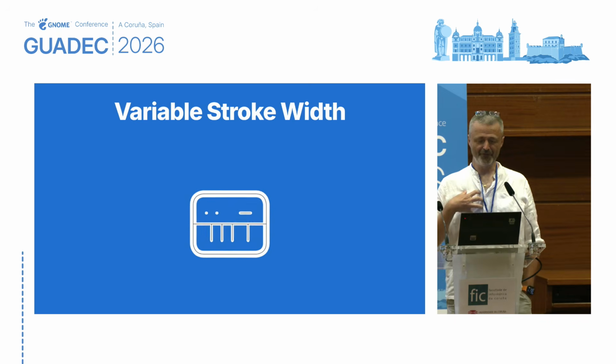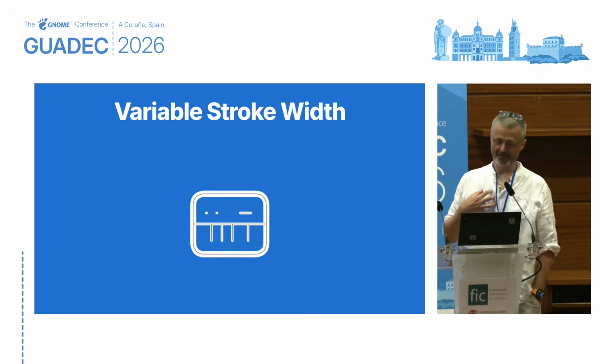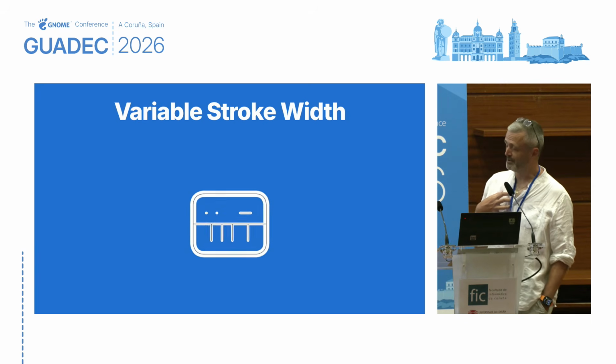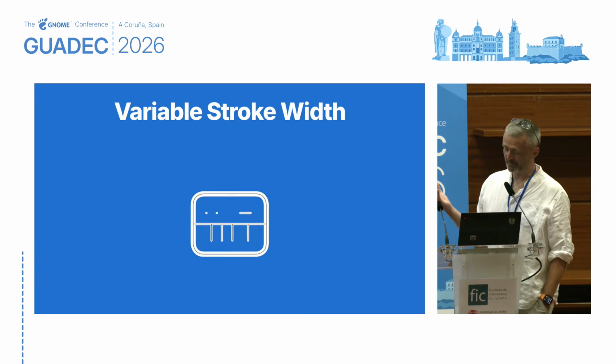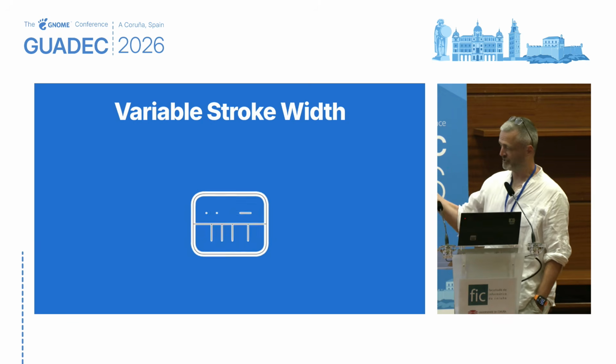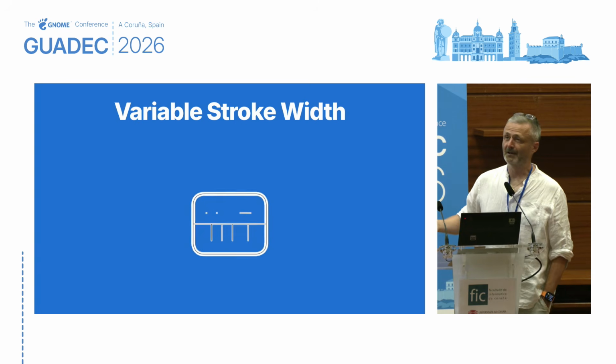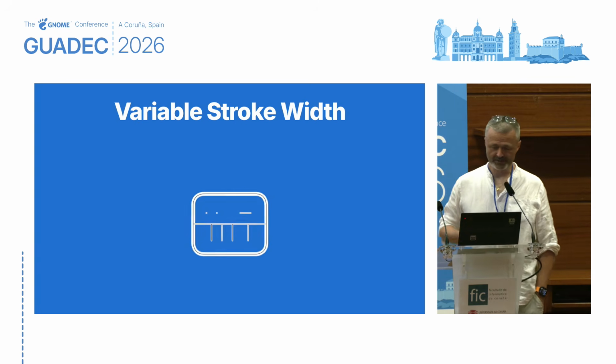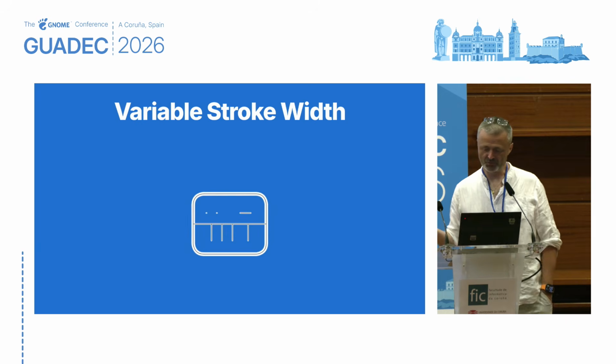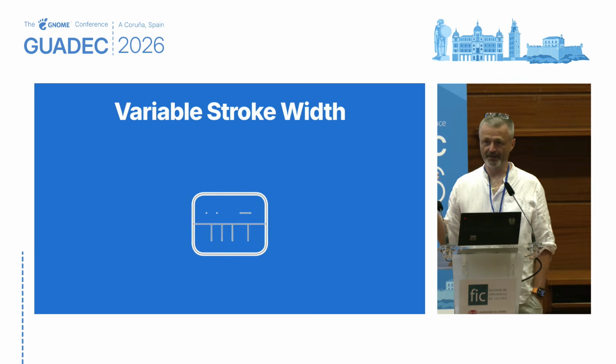The driving force to redo all these icons for me was that you can have variable weight, as in visual weight. With the old style symbolics, we used to mimic that with opacity.